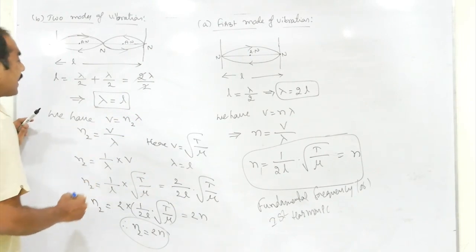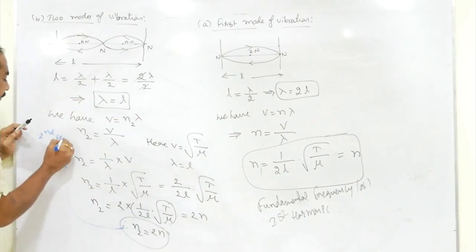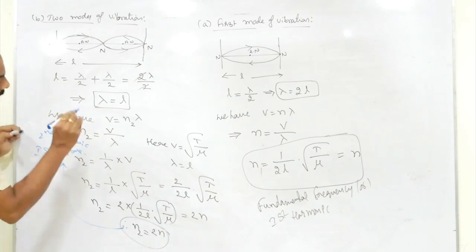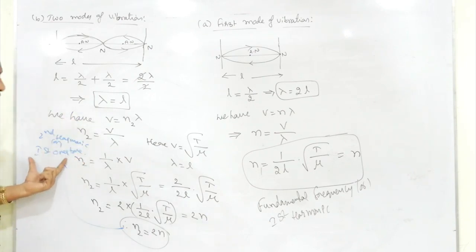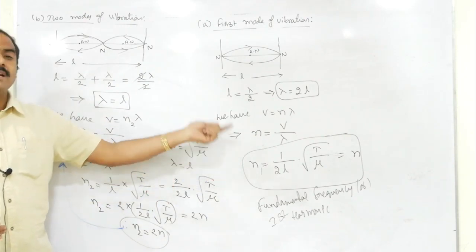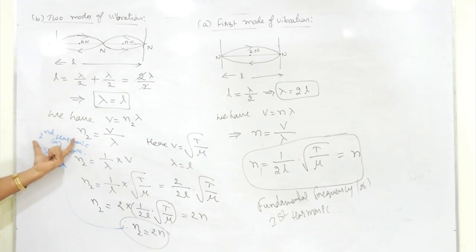So this is the second harmonic. You can call this the second harmonic or first overtone. Why is it called the second harmonic? Because it is 2 times the fundamental frequency. Why is it the first overtone?